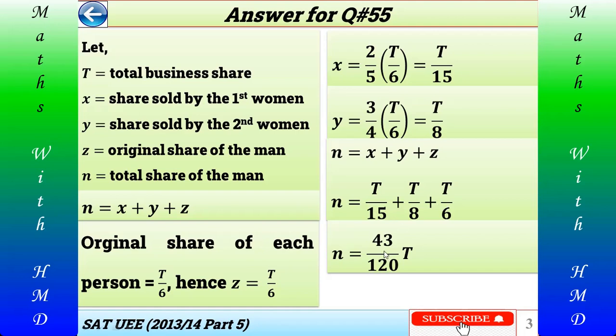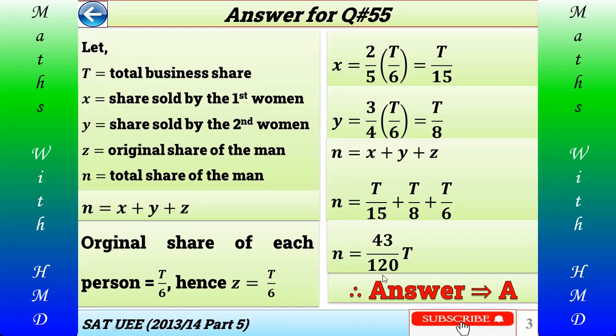The total share of the man becomes 43/120 times the total share. That means the fraction of the total share owned by the man is 43/120. So the answer is A, which is 43 over 120.